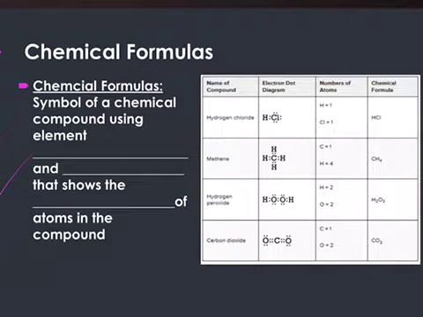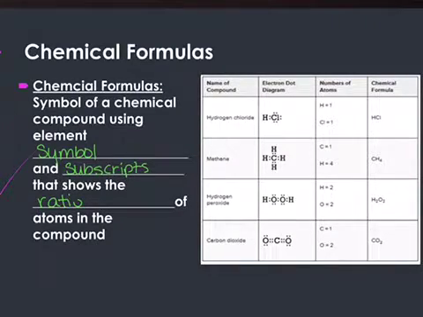They really help tell us the elements involved and the quantity of each element involved in the bonding. So chemical formulas use the chemical symbol of the compound, using the element symbol and subscripts to show the ratio of the atoms in the compound.